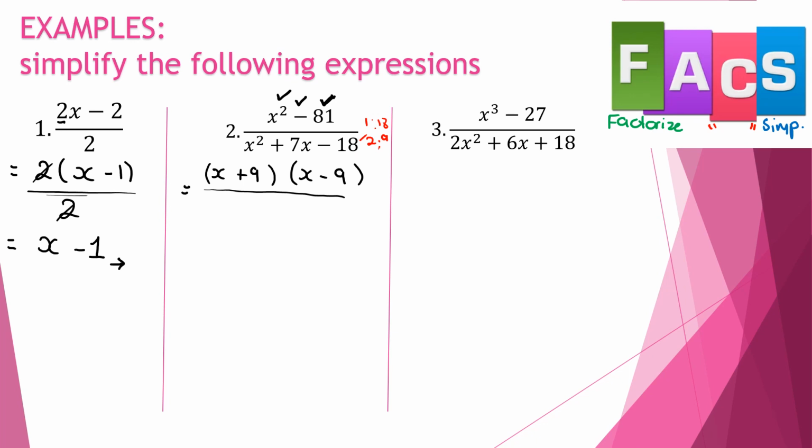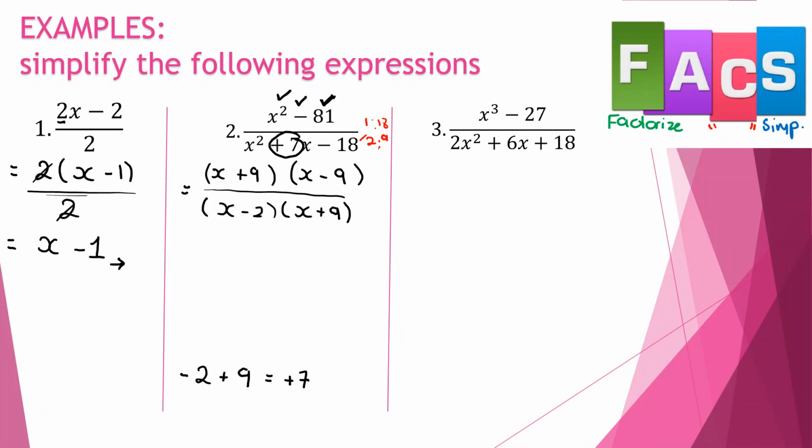So in order for us to produce a positive 7 using 2 and 9, we need to go ahead and say minus 2 plus 9 to get the plus 7 for the middle term. And so this factorized is x minus 2 and x plus 9.